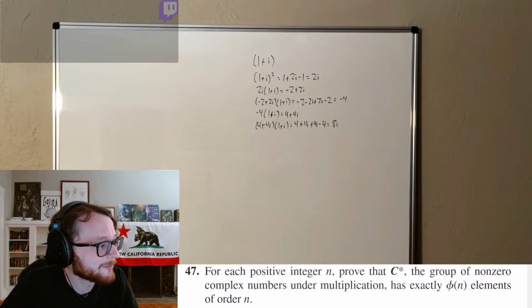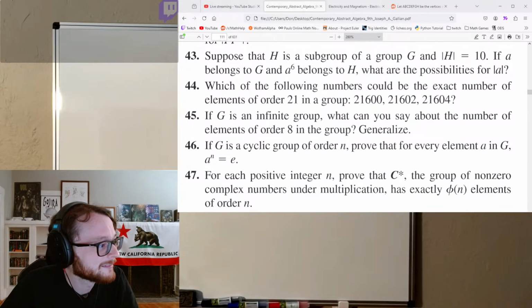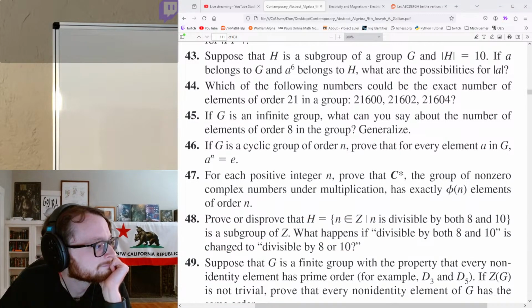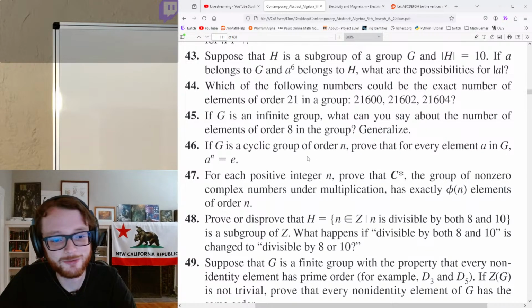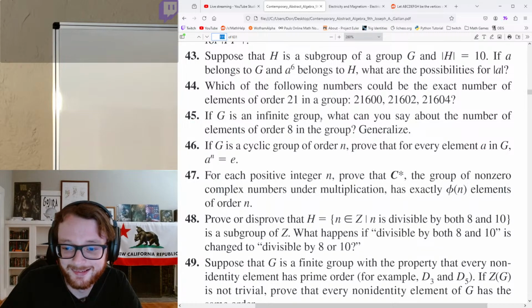I don't think I'm going down the right path. I'm going to look at the answer because this just feels weird, asking about phi of n with respect to an infinite group, for each positive integer n.